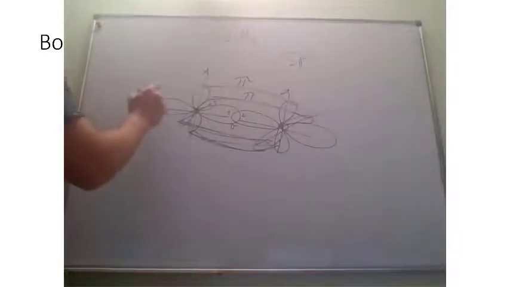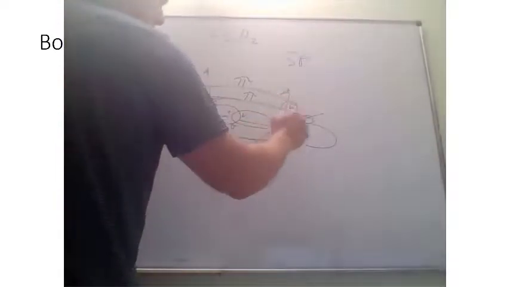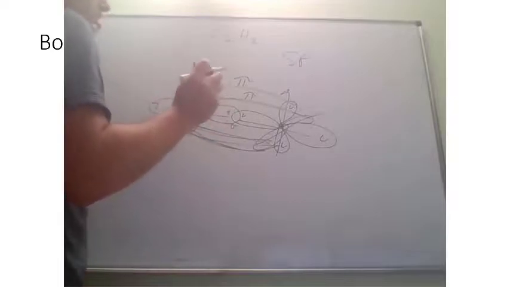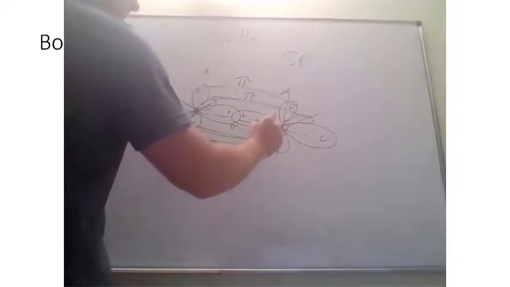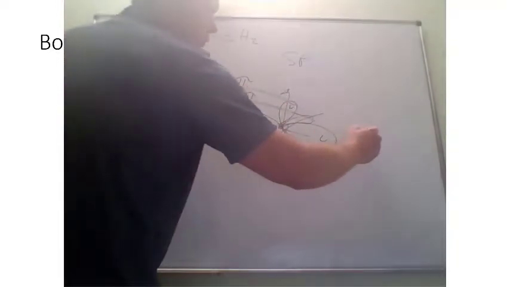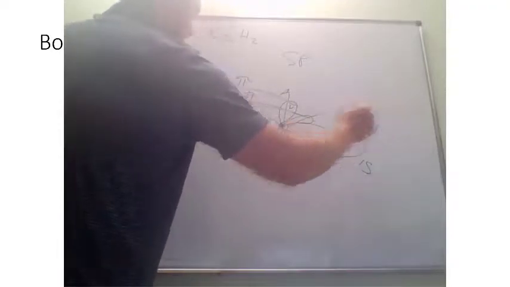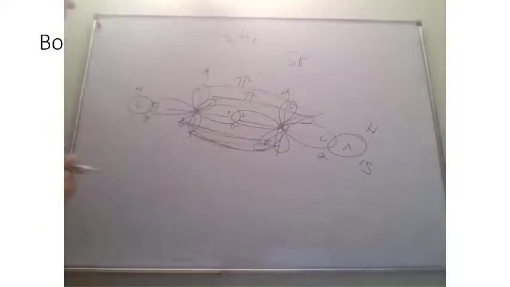And then the remaining electrons are going to bond with a 1s orbital from our hydrogen in a direct overlap sigma bond.